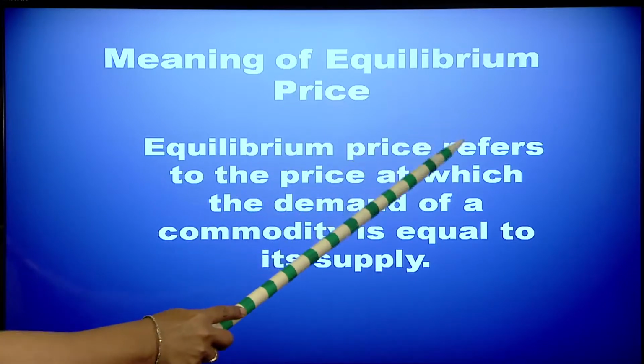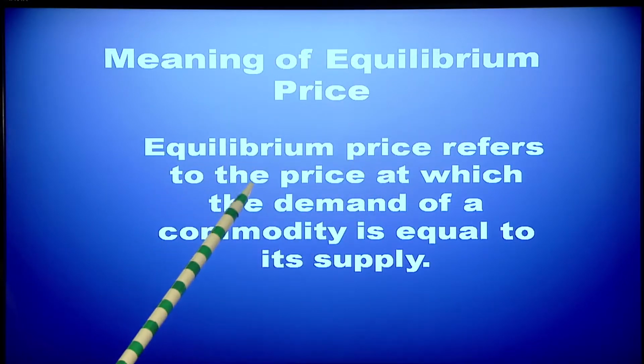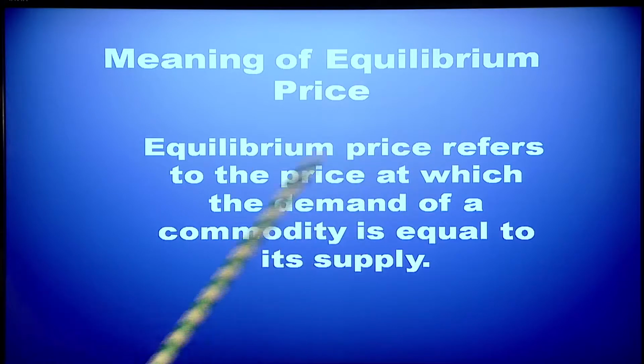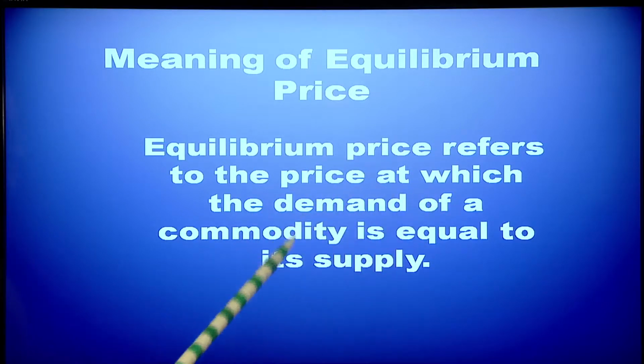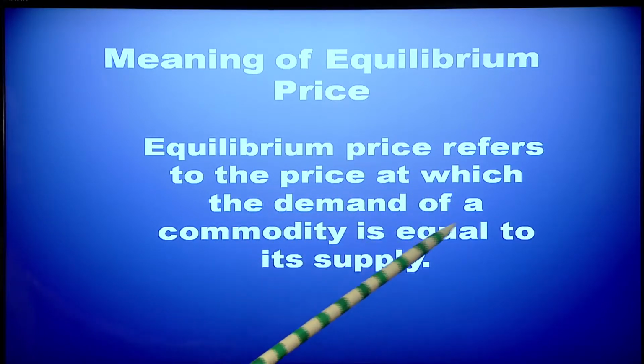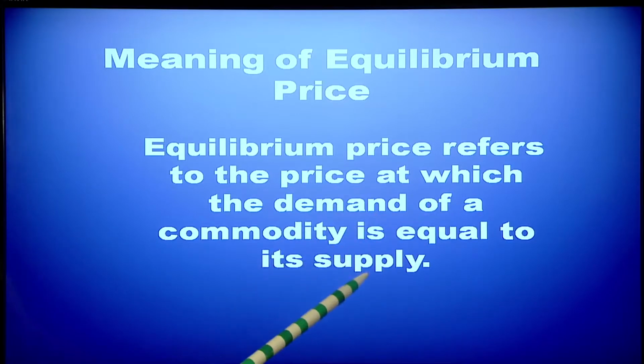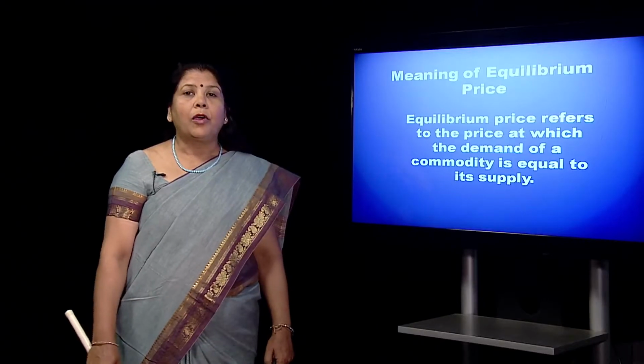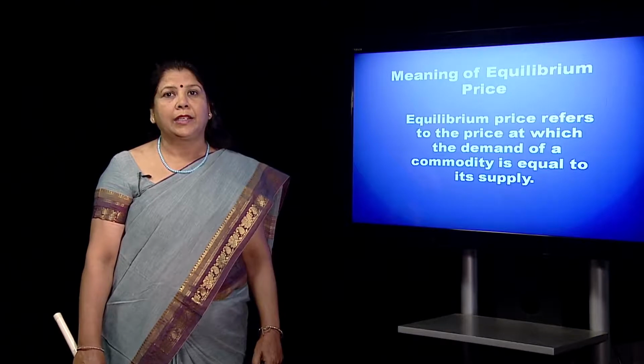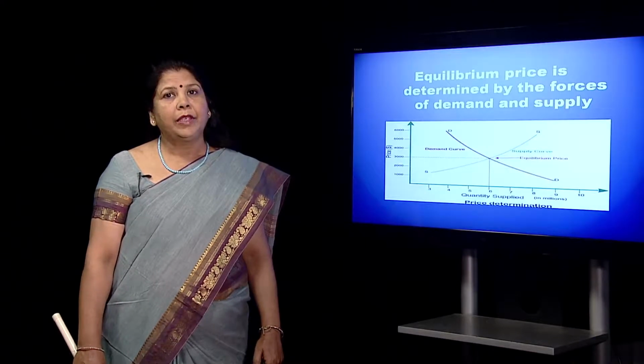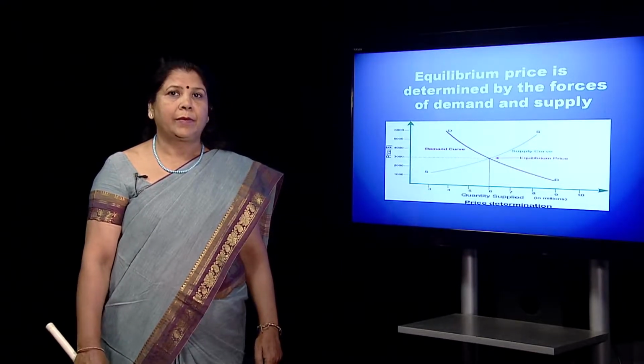Equilibrium price refers to the price at which the demand of a commodity is equal to its supply. That means whatever the consumers demand is being sold by the suppliers.